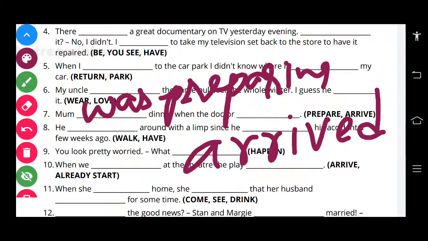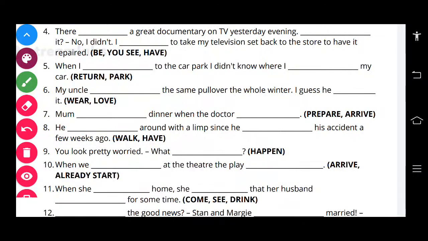Clear? Let us see the eighth example. He walked around with a limp since he had his accident a few weeks ago. Walk and have.